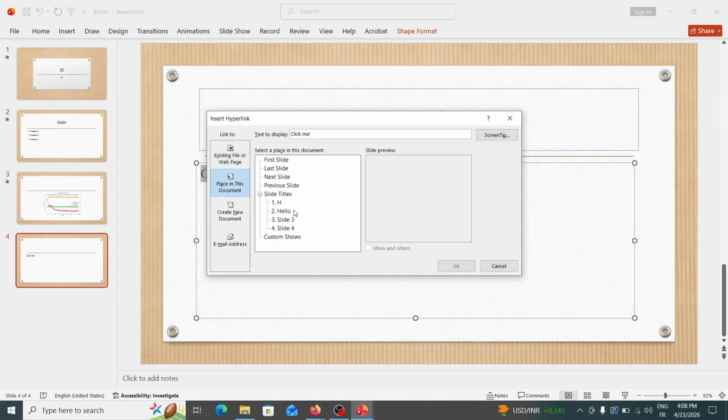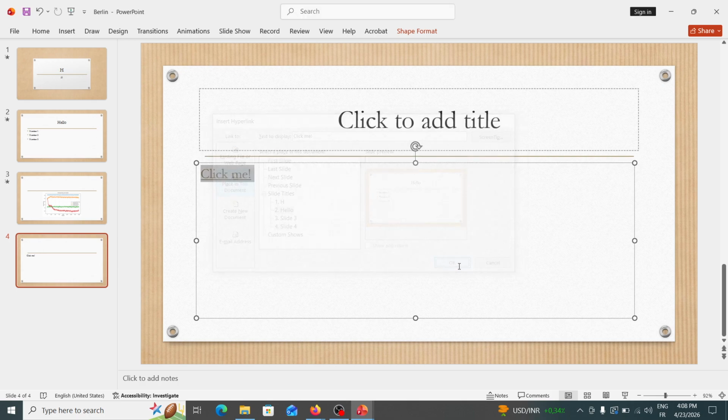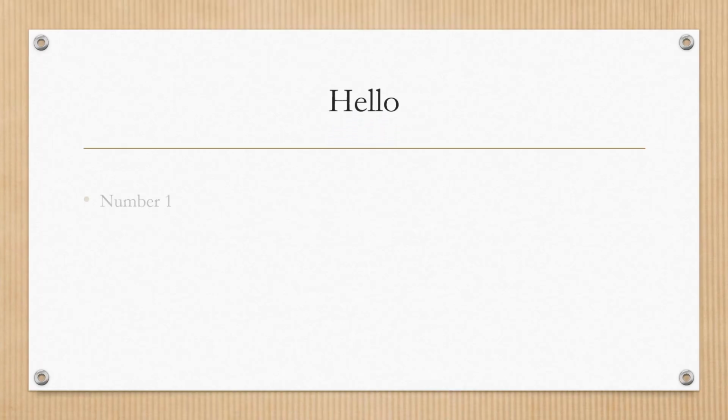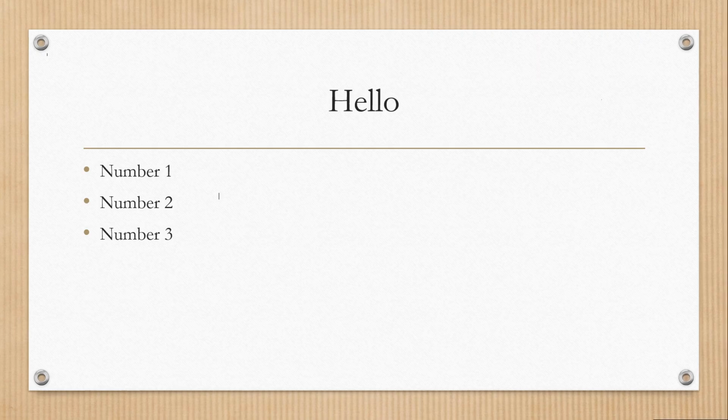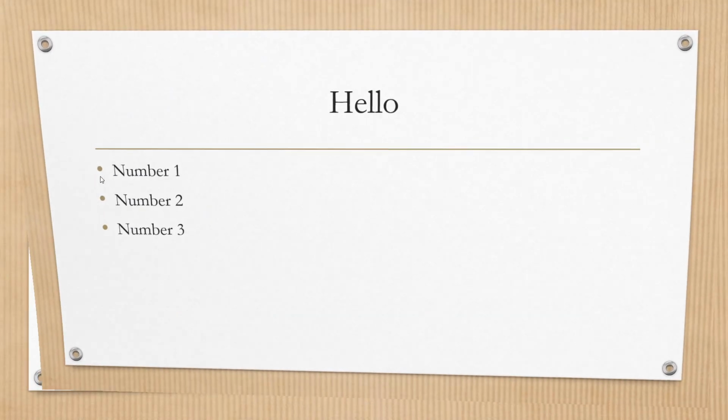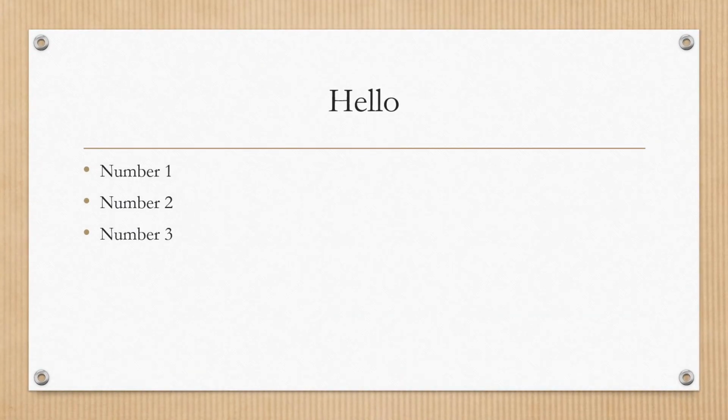Here we have 4 slides, so let's link to the second slide where we have hello. Okay, so let's click on OK. Now whenever we click on this hyperlink, it should take us to this slide. Let's click here. We went back to the second slide.